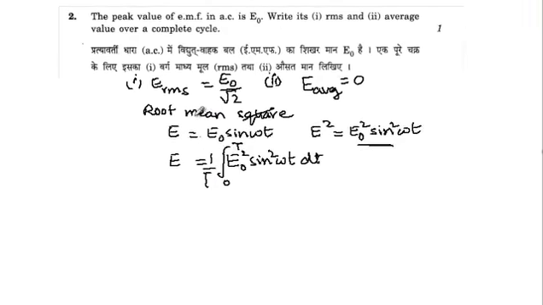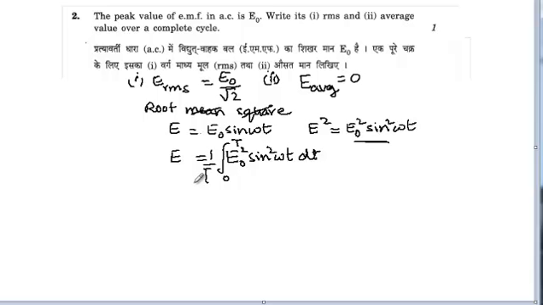Now this gives us the mean value, and finally to get the RMS value we need to take the square root of this value that we get after integration.